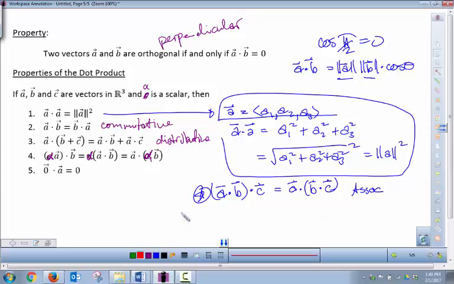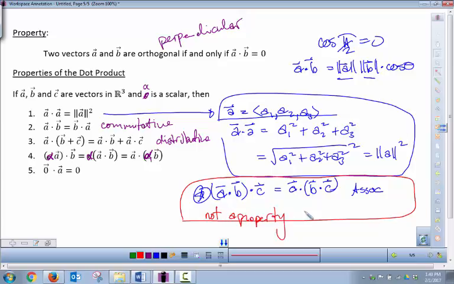So that's what I'm saying, this is not a property because it doesn't make sense. And why doesn't it make sense?